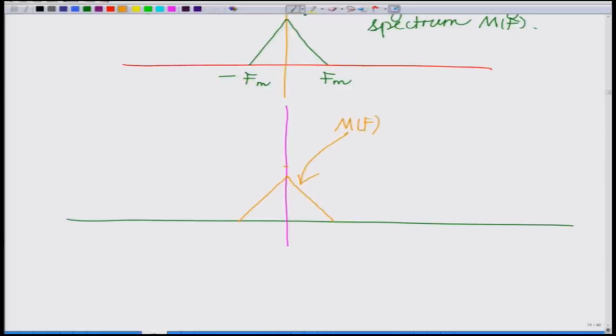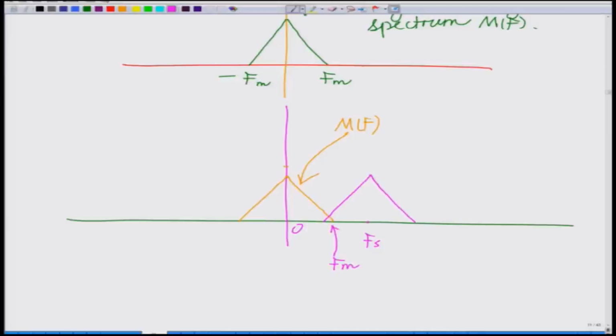In addition, you will have one copy which is shifted to Fs. So, that copy will be here, and this point is your Fm.